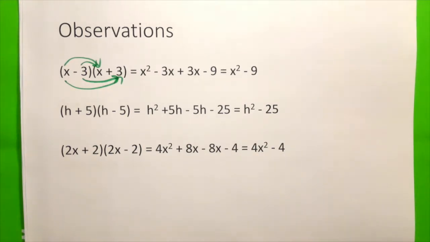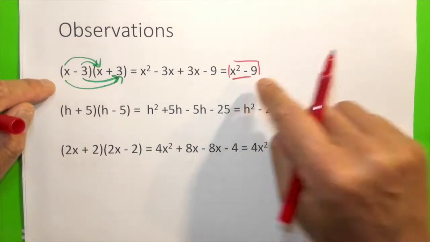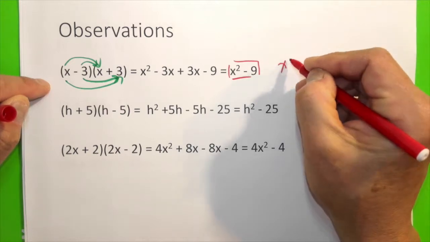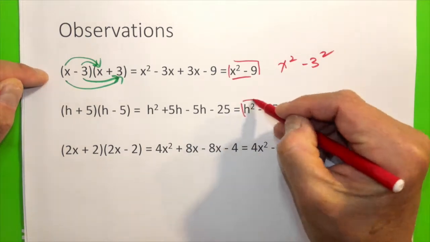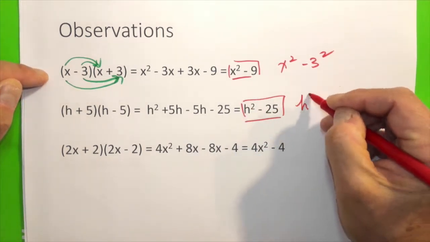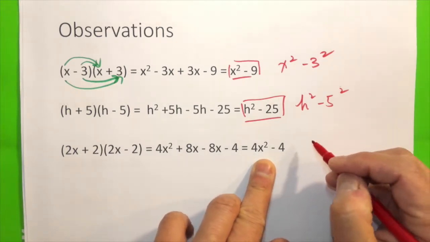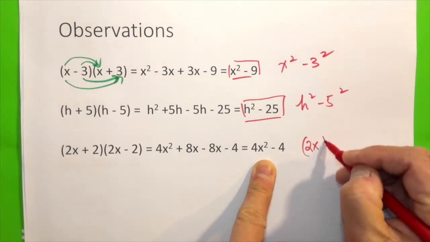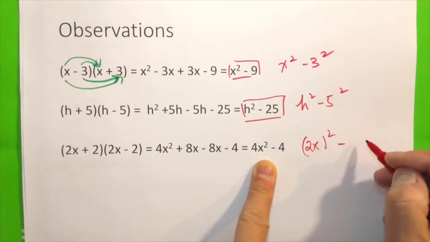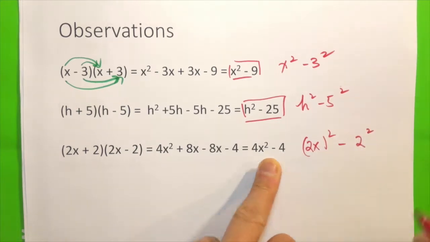Now, let's have a look at this. You can write that as x squared minus 3 squared. And for the next one, this is h squared minus 5 squared. And in this case, this is (2x) squared minus 2 squared.